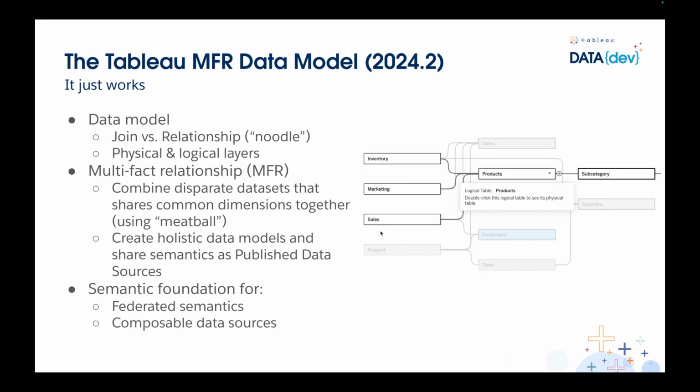So in the new multi-fact relationship data model, what Tableau does is issue a separate logical query to each individual fact. In this case, we have a data model that has 4 separate sets of facts. However, if I just bring products into Tableau, for example, and I want to query my KPIs against inventory, against marketing, against sales, Tableau issues 3 separate queries.